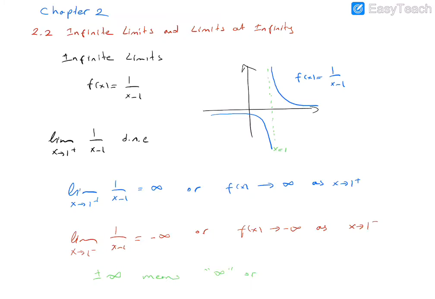Infinity or minus infinity. As I mentioned from the graph I showed, if x approaches 1 from the left, the values of f of x are negative and become larger and larger in absolute value. That means f of x decreases toward negative values without bound.